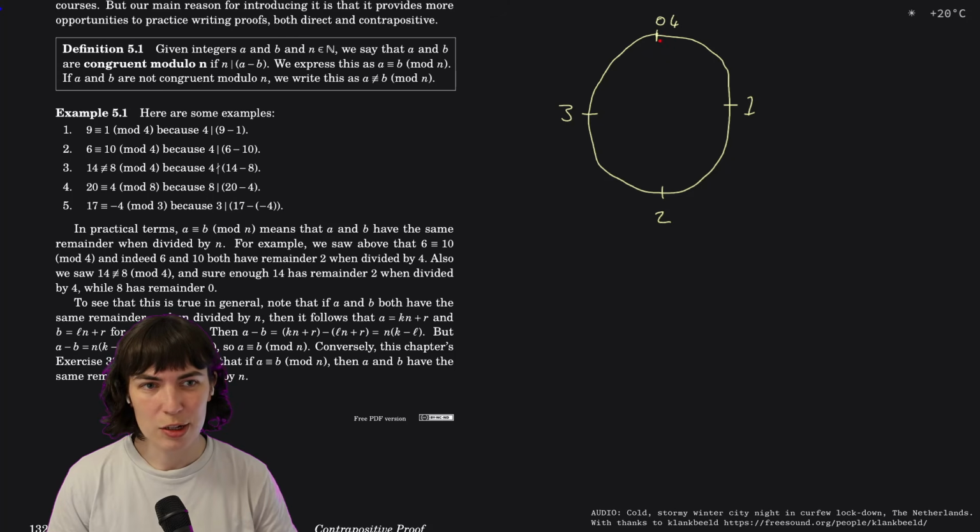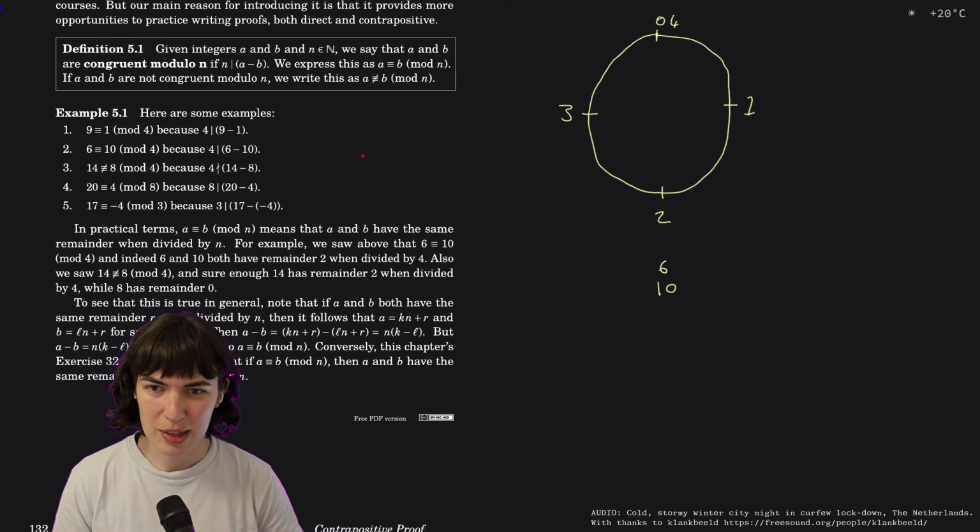So 6 would be 0, 1, 2, 3, 4, 5, 6. And 10: 0, 1, 2, 3, 4, 5, 6, 7, 8, 9, 10. So far, yes. Seems like if we imagine this as a clock with 4 stops, congruent means they end up at the same position on the clock, maybe.